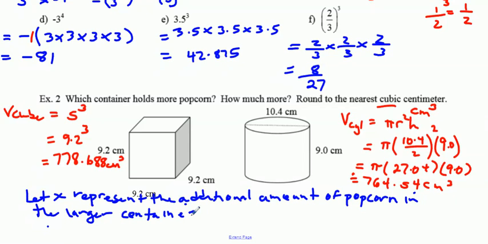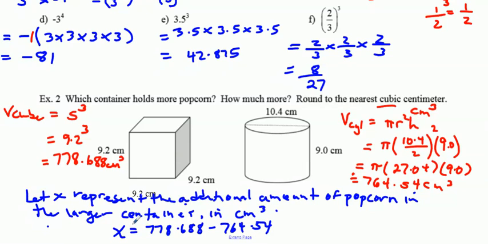And in this case, I know because these quantities were both in centimeters cubed, that it will be in centimeters cubed. Okay, so now I can say, all right, I know how to calculate that. x is going to be derived from taking the bigger number, 778.688, minus 764.54.